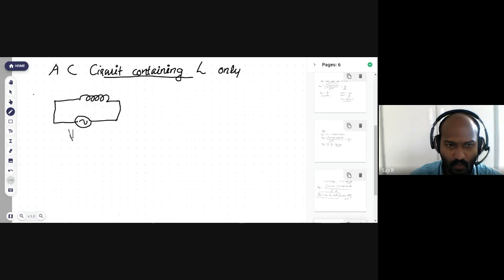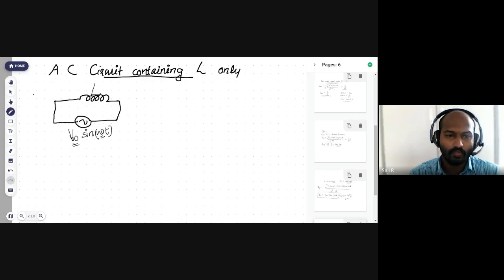The standard equation for representing that applied voltage is V0 sine omega t, in which every term we discussed in the last class, where V0 is the maximum value of voltage and omega is the angular frequency with which the coil is rotating. Then this is an inductor, so it's a coil. The self-inductance of that coil I am going to represent as L.